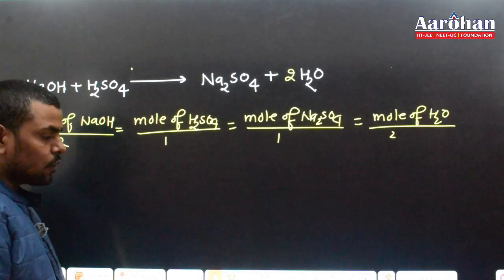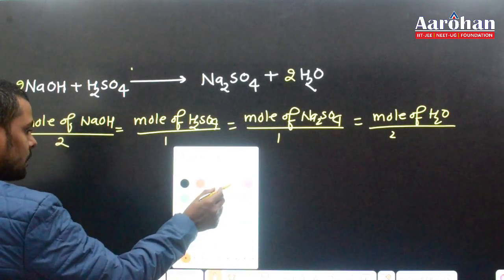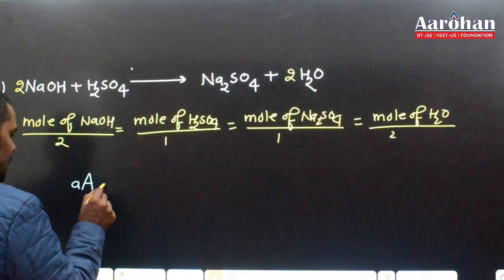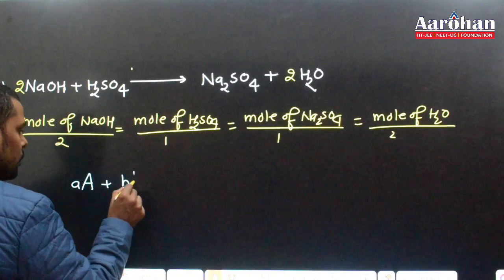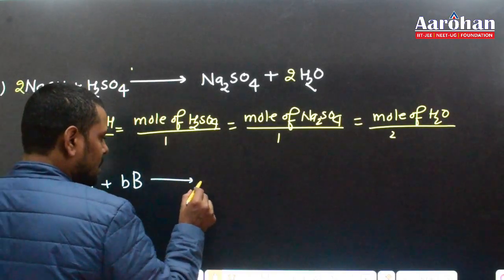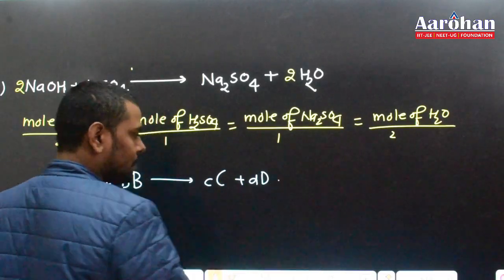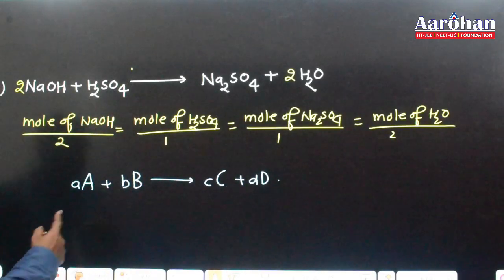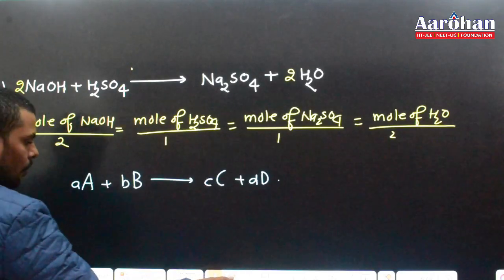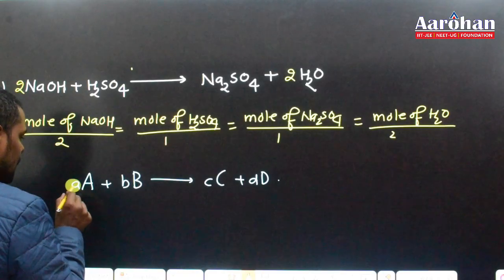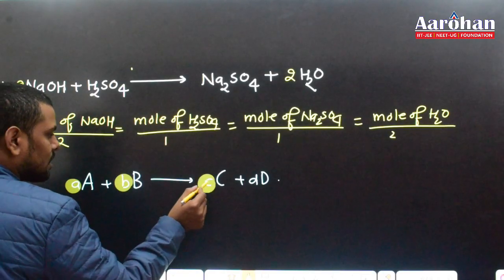So there is a general method to write the mole equation. Suppose a moles of A react with b moles of B to form c moles of C and d moles of D. The stoichiometric coefficients are a, b, c and d.